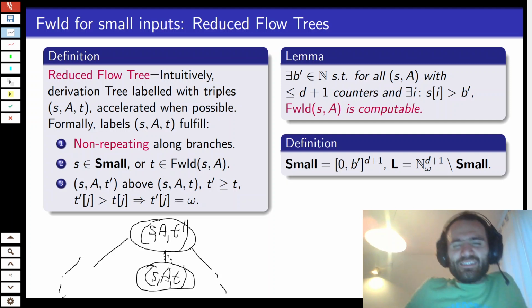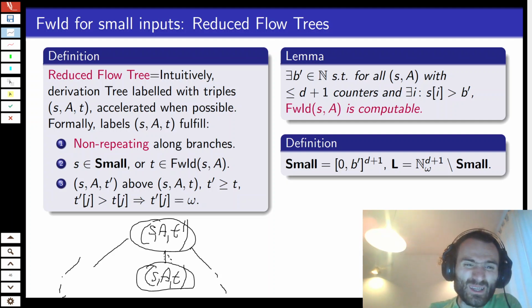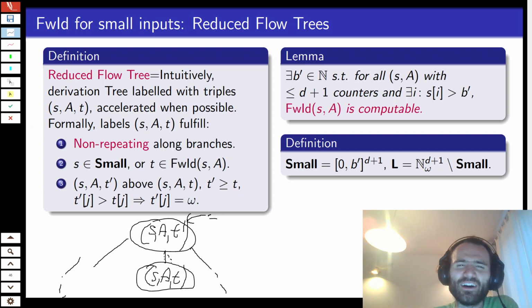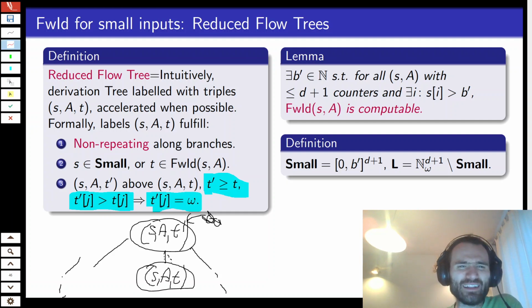If you have in a branch SAT and now you have a tree above it, then we want that this T prime is supposed to be omega on this counter. If this T prime is greater than T, and on some counter it is in fact strictly greater than T, then on this counter it is supposed to be omega. So this is the acceleration part.